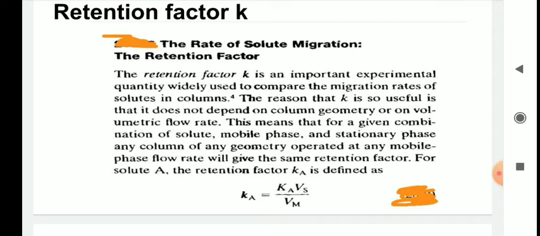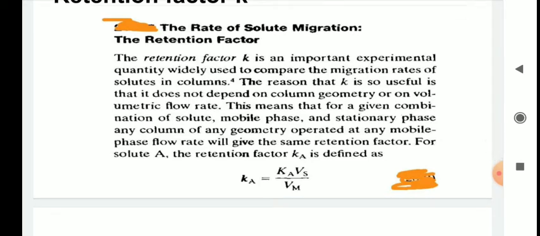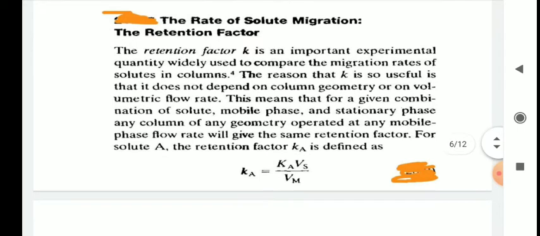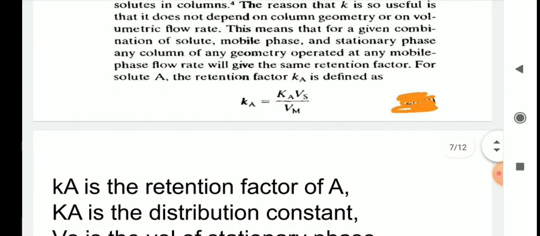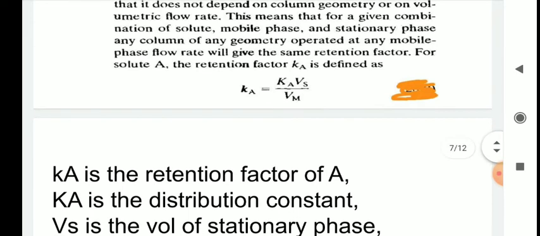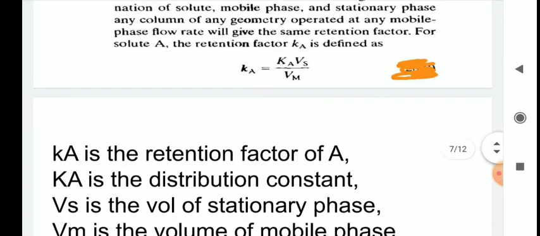So for a solute A, the retention factor is given by ka, that is the small k, is equal to big K, that is the distribution constant, multiplied by Vs upon Vm. Now what is this Vs and Vm? Small k is the retention factor of the solute A, big K is the distribution constant, Vs is the volume of the stationary phase on the column.